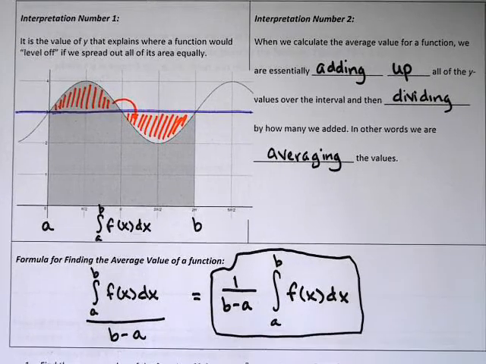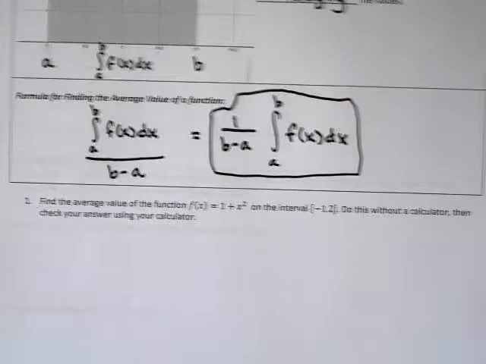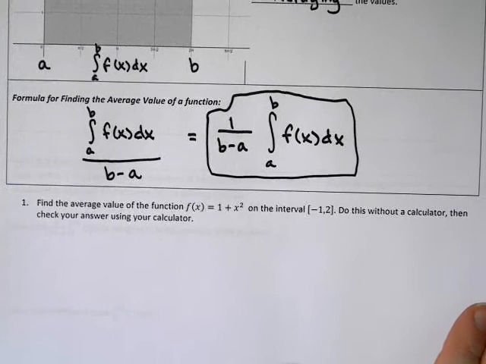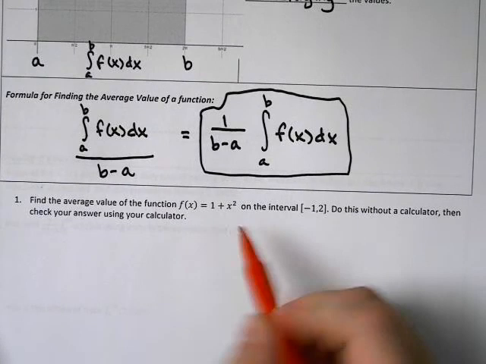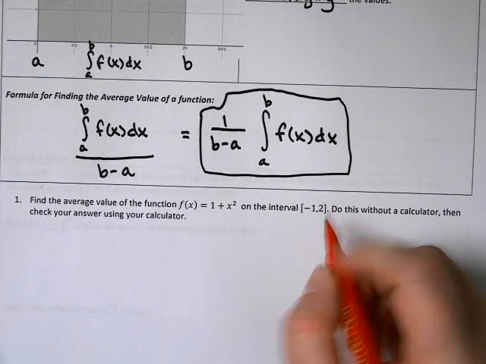So let's look at some actual examples here so that we can see what this is going to look like on the AP test. So find the average value of the function f of x equals 1 plus x squared on the interval from -1 to 2. We're going to do it without a calculator, but then we're going to use our calculator to double check our answer. So what we can see here is we've got the function f of x, and we've got the interval from -1 to 2.